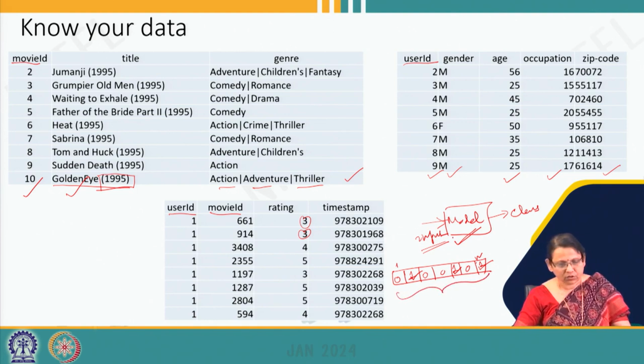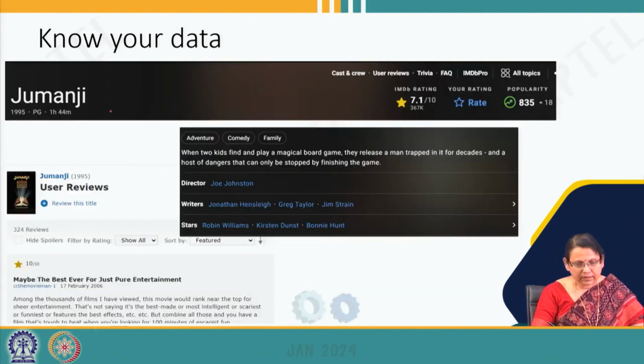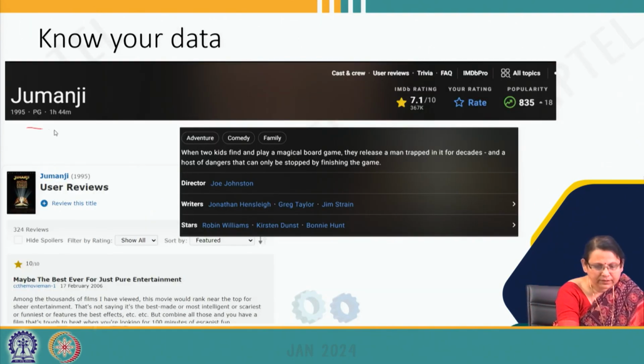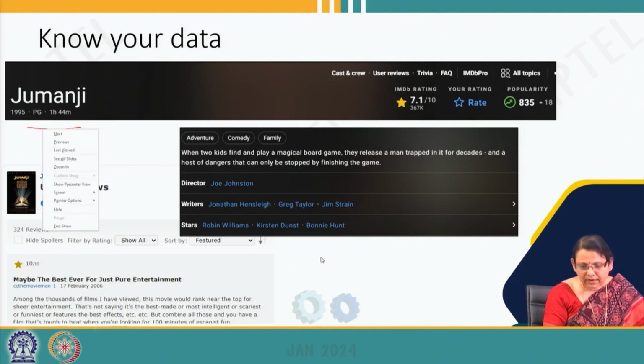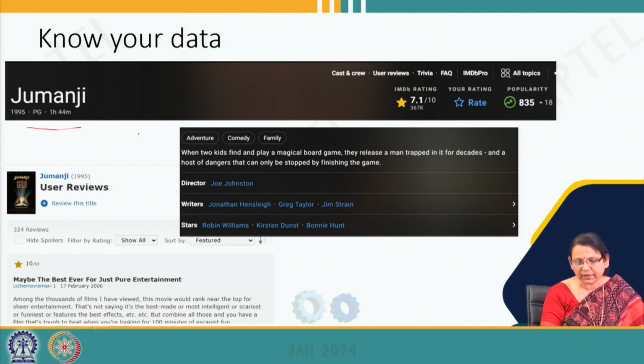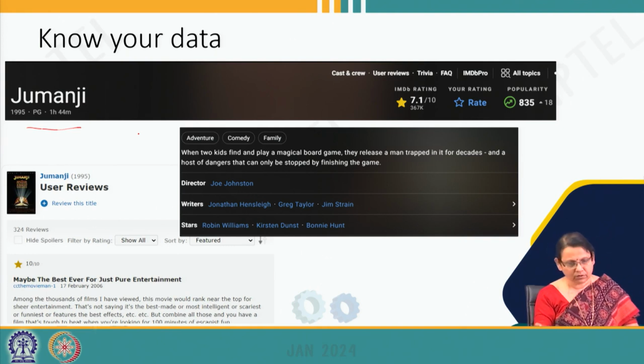Let us go a little bit more deep. Let us say some movie, Jumanji, and we have got this data from MovieLens, and we have got this data from IMDb. Of course, I have given certain snapshots of the IMDb website.